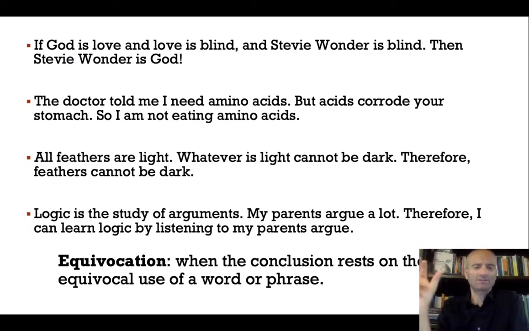Let's take it out of context. All feathers are light, yes, but light in what sense? They're light, they're lightweight. So the equivocation is on the word light. So whatever is light cannot be dark. True, but here we are equivocating the word light, because in the first premise light is in the sense of weight, and in the second sentence, we have light in the sense of color.